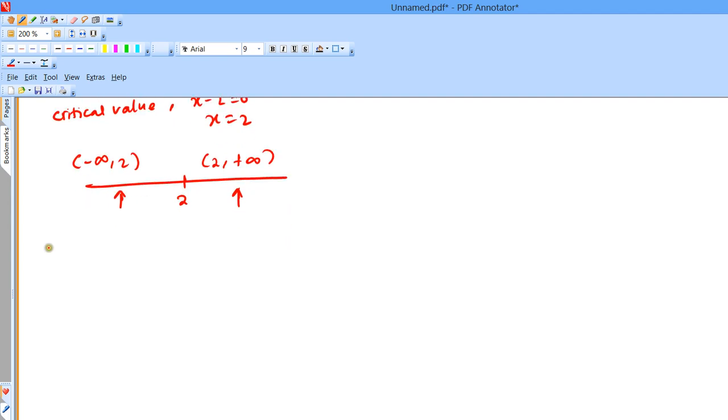And then we have a table with interval, test value, and the last column the sign of 5/(x - 2).